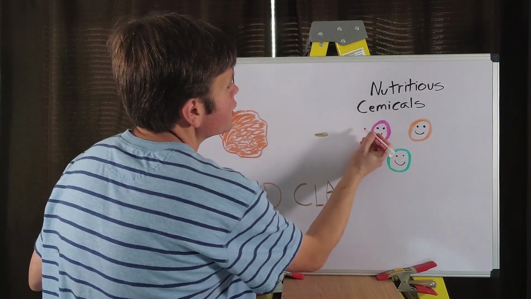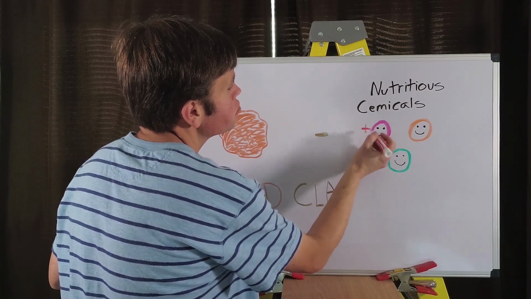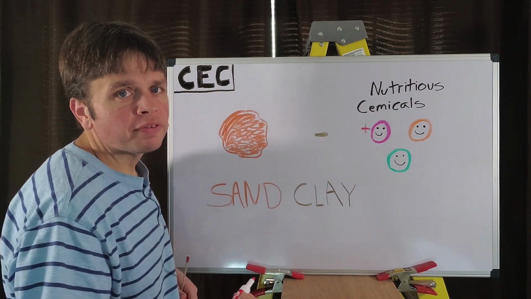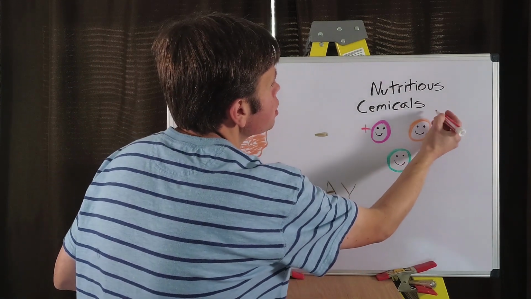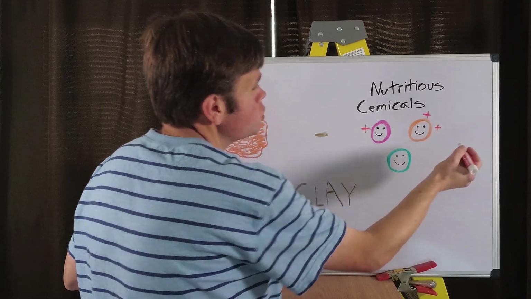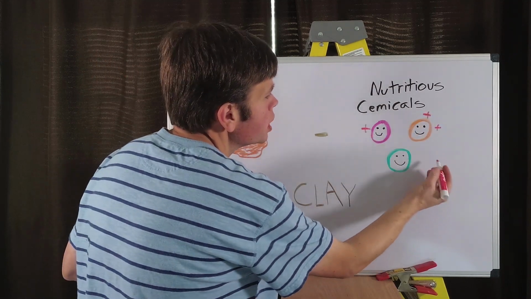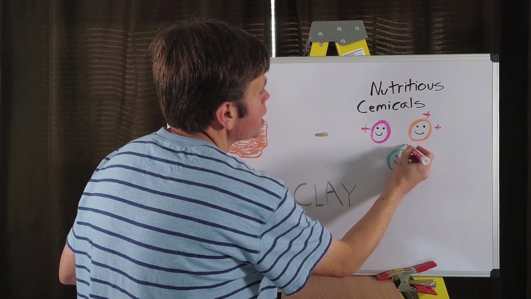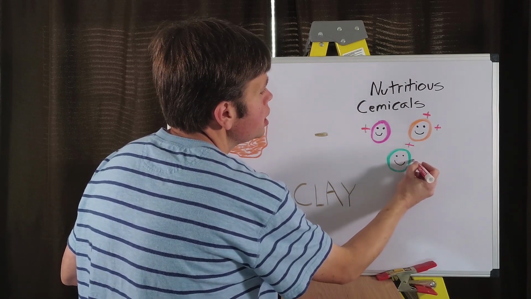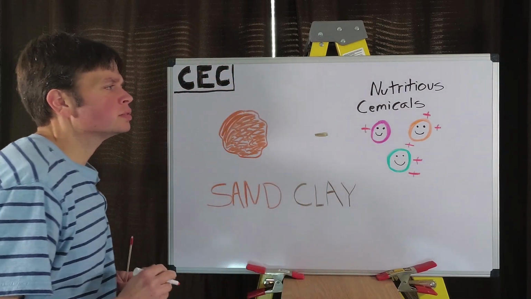So you will have, like this guy, he'll have a positive ion here. This one might have 2, because he's a little happier than him. But this guy's pretty happy. He has 3 positive ions.